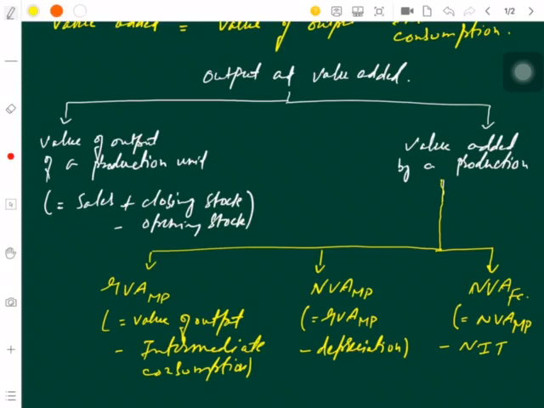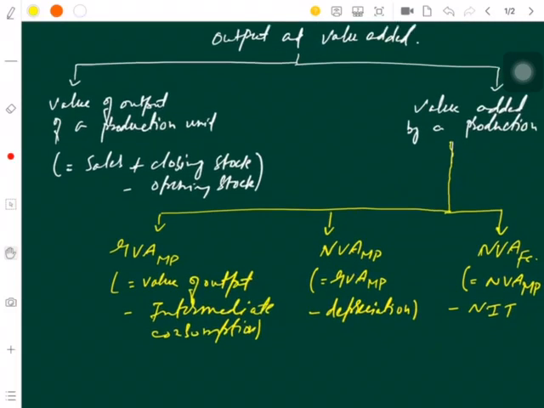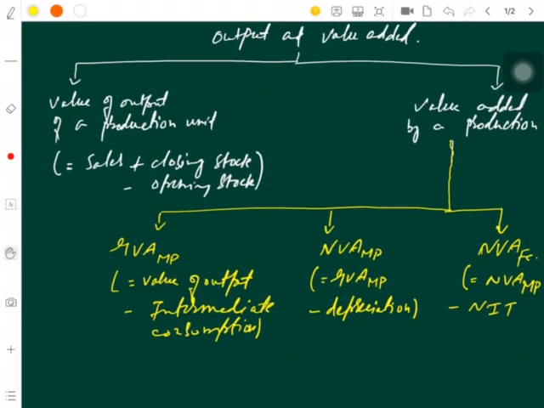When we talk of this net value added at factor cost, bear in mind, it can be further put in one more step.